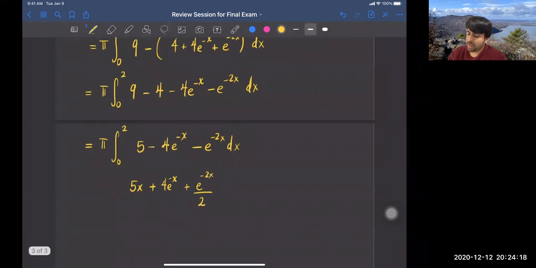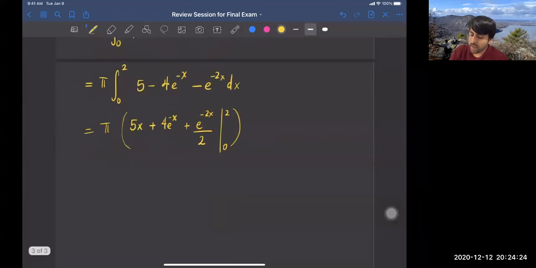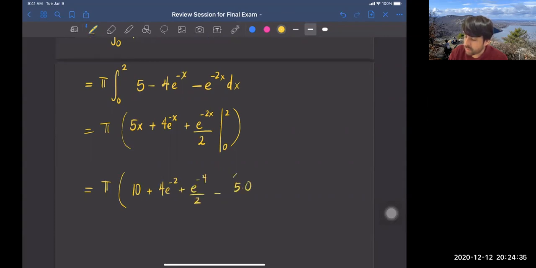And I'm going to evaluate this from 0 to 2, times pi. Evaluating at 2, I get 10 plus 4e to the -2 plus e to the -4 over 2, minus 5 times 0 plus 4e to the 0 plus e to the 0 over 2.